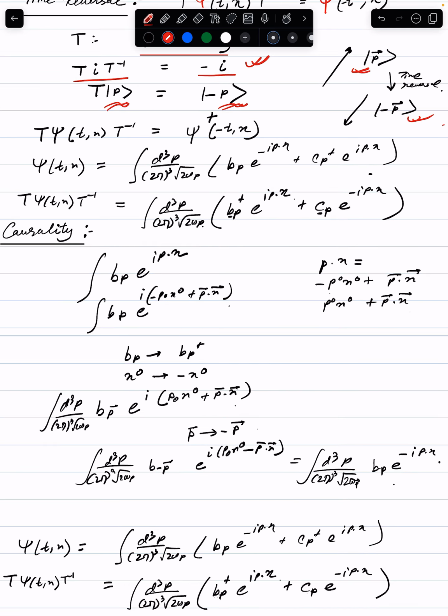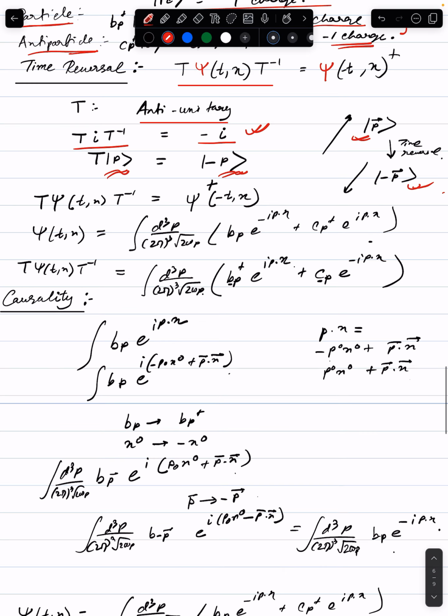Okay, so now this becomes interesting for causality. And here what we can do is take this action of T acting on this, and we leave this as an exercise, which is partly worked out here, where you take time reversal of this. You act with this using the definition of time reversal which I gave here, which is psi of minus t, x, dagger.